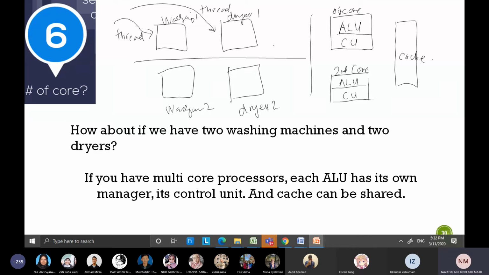Because we have multi-core, your friends can also wash their clothes in your house because you have two washing machines and two dryers. So you can take more loads, more tasks. The same here, a thread goes here and another goes there.